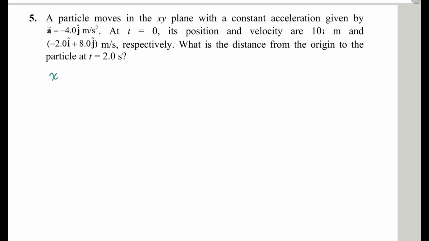So x final equals x initial plus v initial x t plus half a t squared.